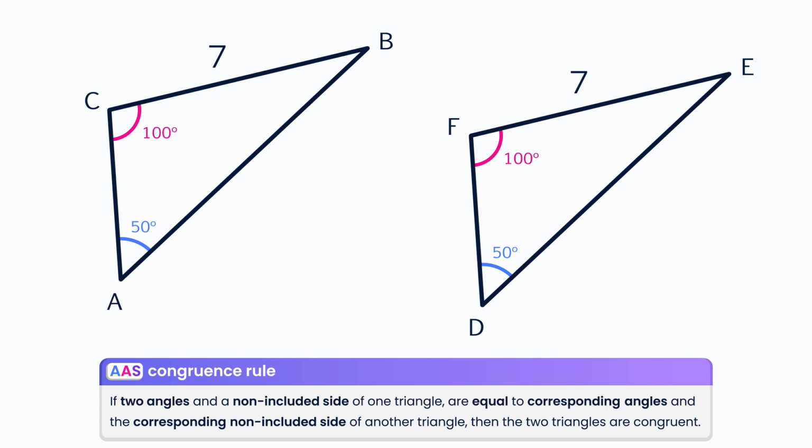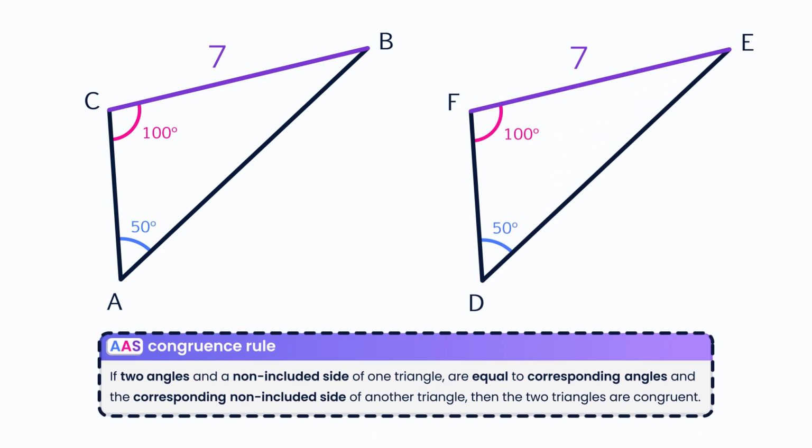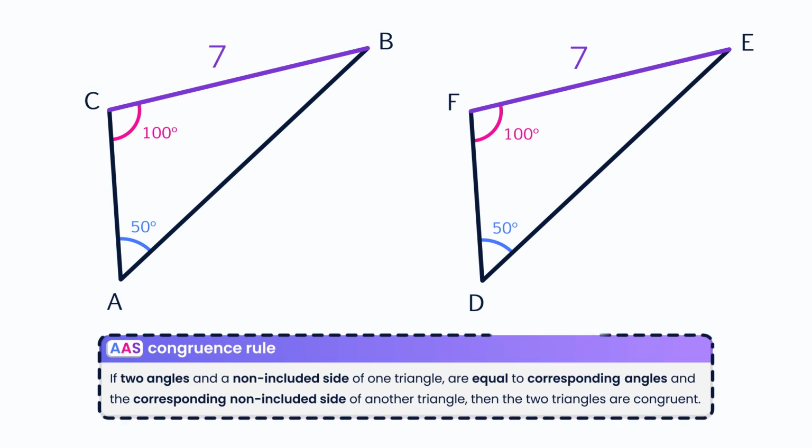Angles C and F are both 100 degrees in both triangles, so these angles are also equal. Finally, the sides CB and FE both have a length of 7, meaning that they are equal as well. Based on the AAS congruence rule, you can therefore conclude that these two triangles are congruent.